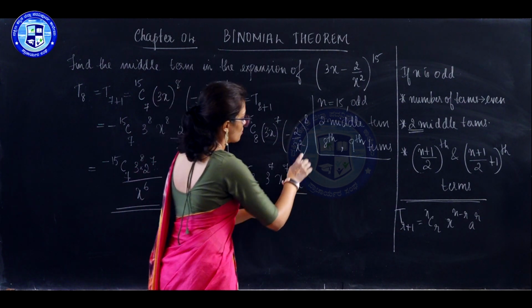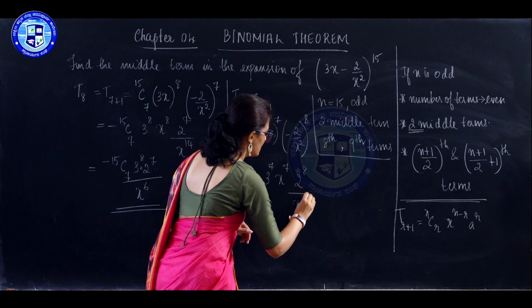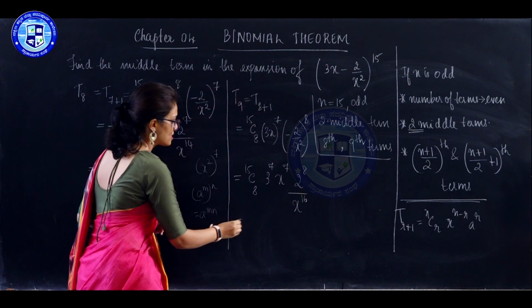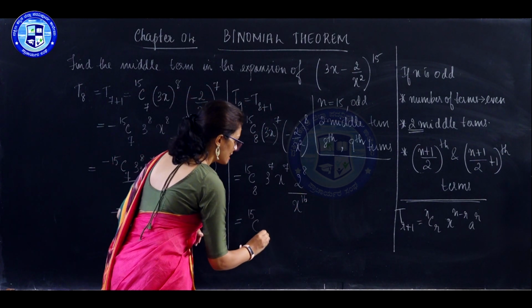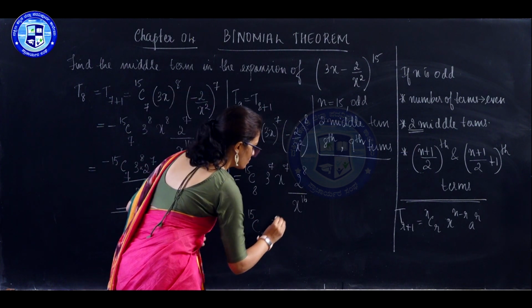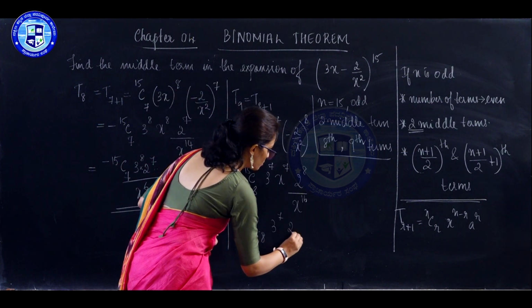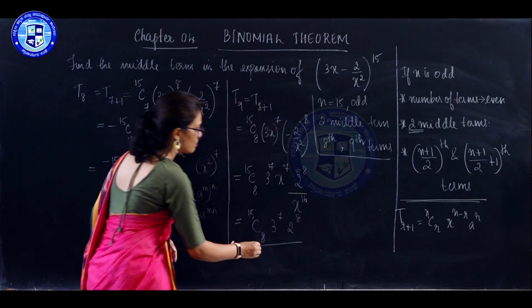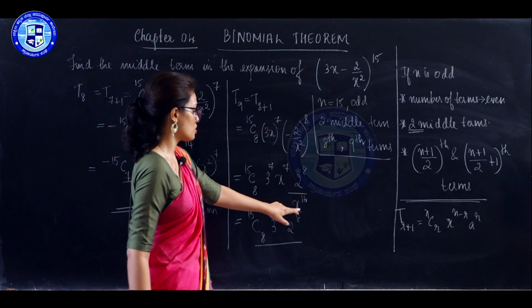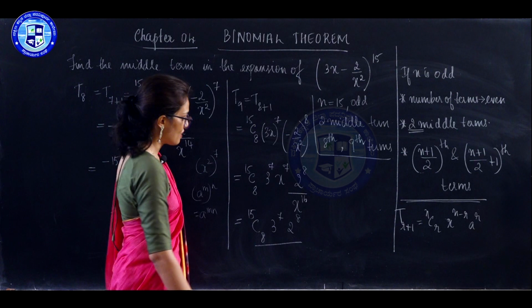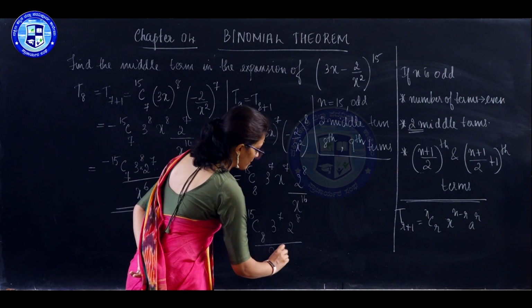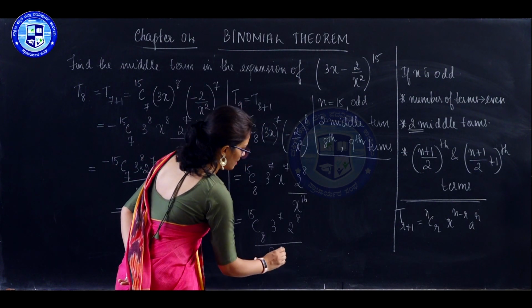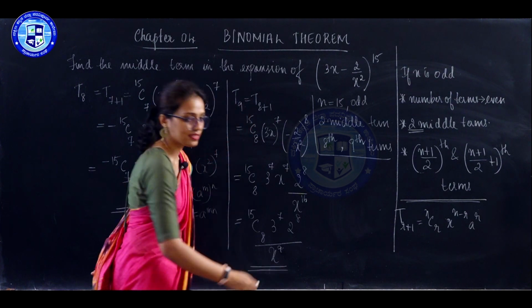So, we can write it as x to the power 16. So, the answer will be 15C8 3 to the power 7 2 to the power 8 divided by x to the power 16 minus 7, that will be x to the power 9. This is our required answer.